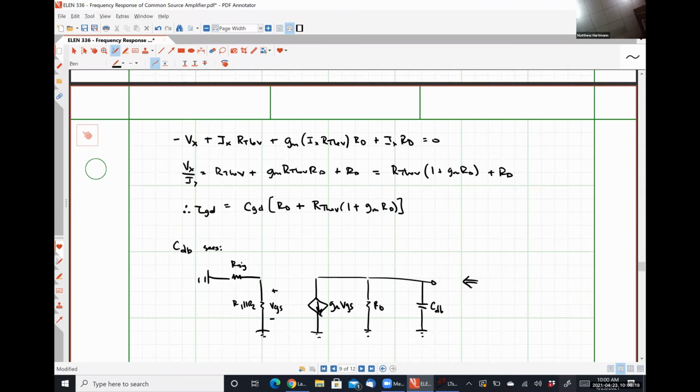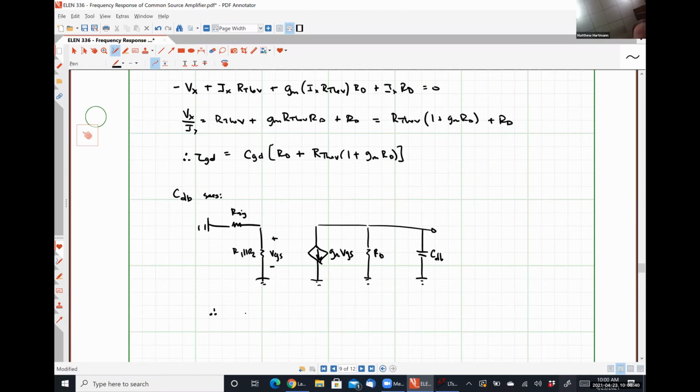So we're looking in to the, or actually I don't even need that. Let's not bother with that. All right, so hopefully everybody can see that VGS is equal to 0 by inspection, which means that current source does nothing. It's an open circuit, and therefore CDB just sees RD.